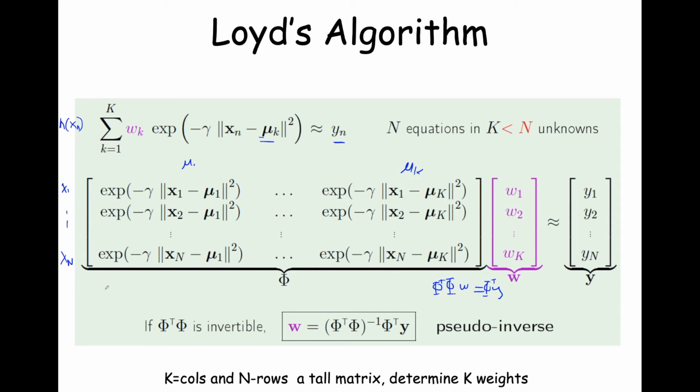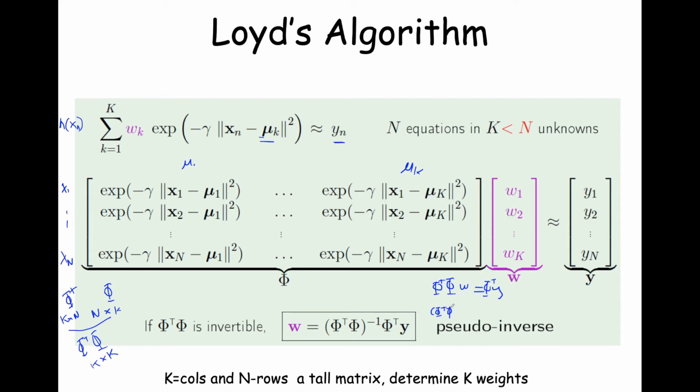And so here, this phi has n rows by k columns. Phi transpose is k rows by n columns. So multiply these together, phi transpose phi is going to be k rows by k columns, and that is certainly invertible.